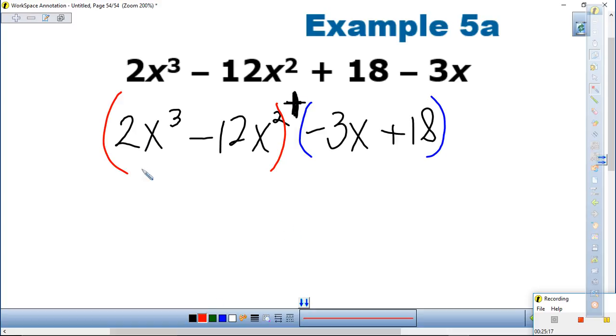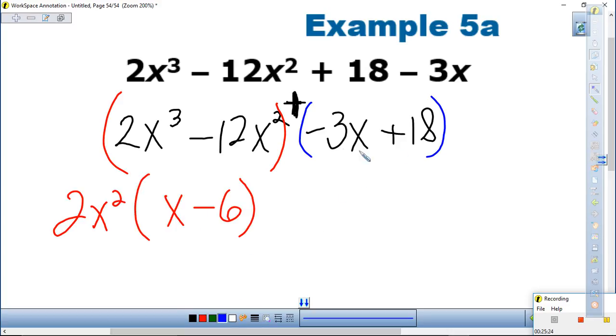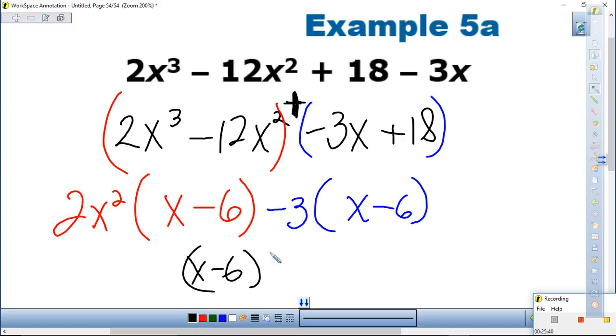So GCF for these two is 2x squared, so I'm left with x minus 6. GCF for these two is 3, is that correct? Yeah. But if the first term has a negative, we include it with the GCF. So it's negative 3. So we're left with x minus 6. And what are my two factors? x minus 6 and 2x squared minus 3.